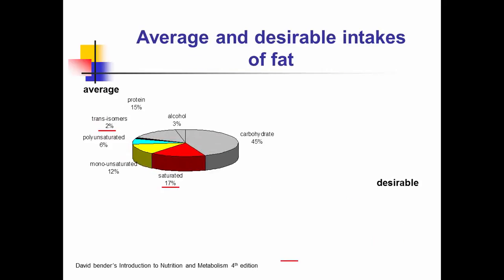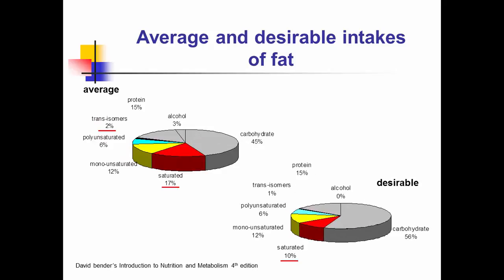And then the fat intake, so it's more about the fatty acid composition in the diet. On average in the American population, we consume 13% saturated fatty acids, 12% monounsaturated fatty acids, 6% polyunsaturated fatty acids, and also 2% trans fat.